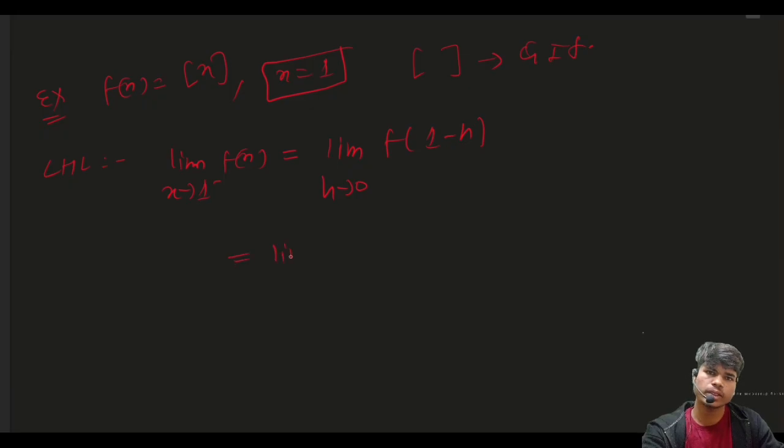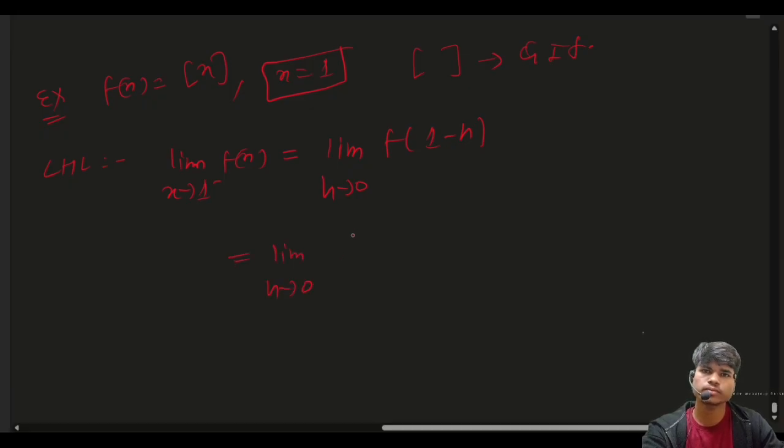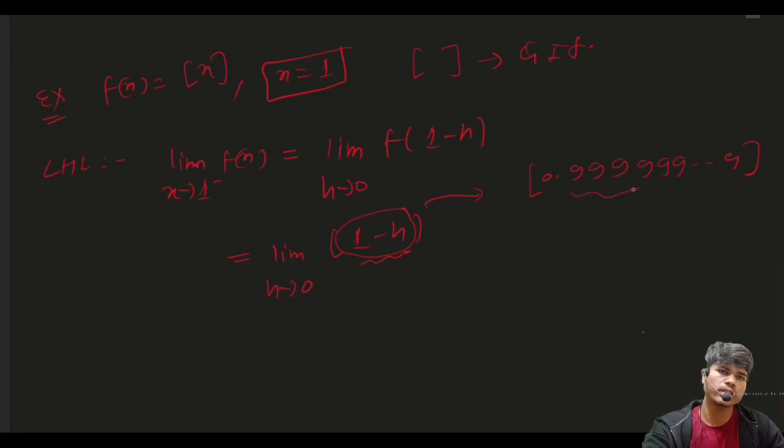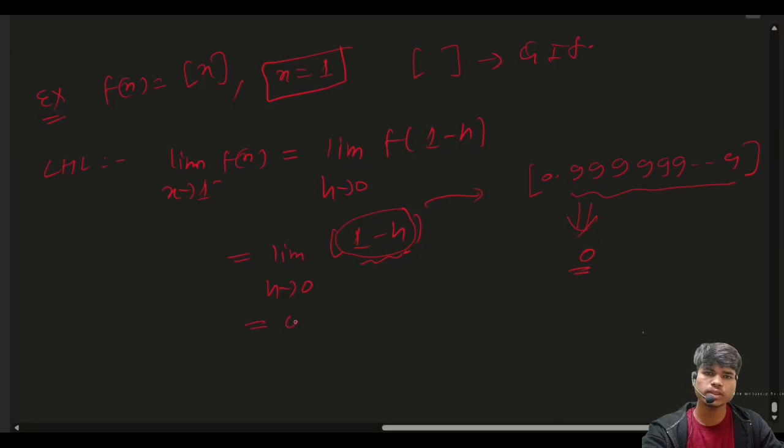So we have limit h tends to 0 box 1 minus h. Here we are subtracting a very small number from 1. So this quantity will always be less than 1, like 0.99999 and so on. So by the box property, this will be equal to 0. So left hand limit will always be 0.